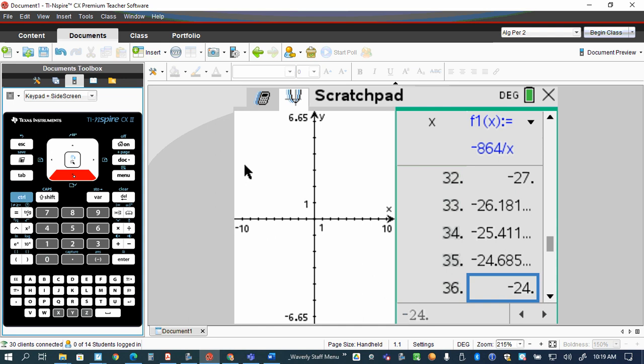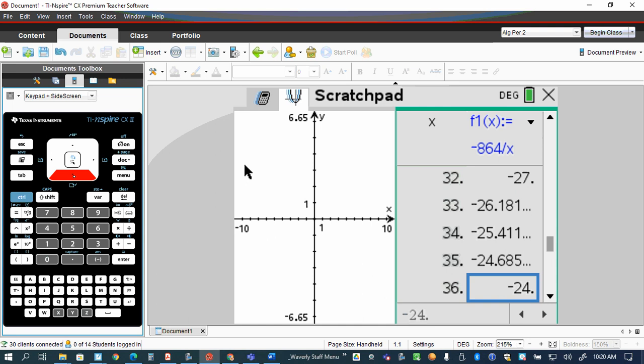Think of it this way: what's 2 times 5? 10. That means 10 divided by 5 is 2. Number times number is negative 864, so negative 864 divided by one of the numbers equals the other. So all these pairs multiply.